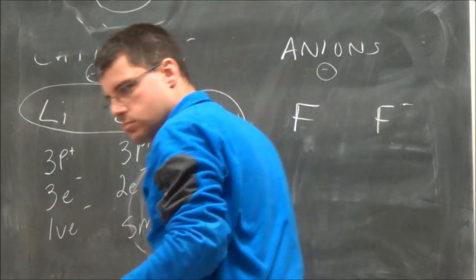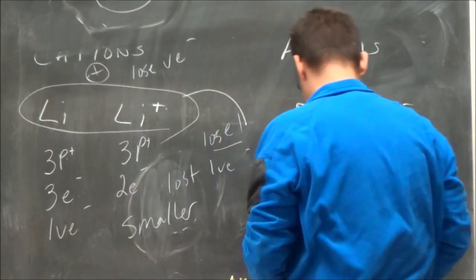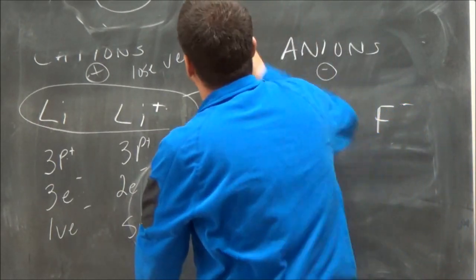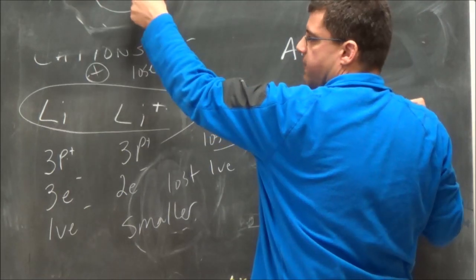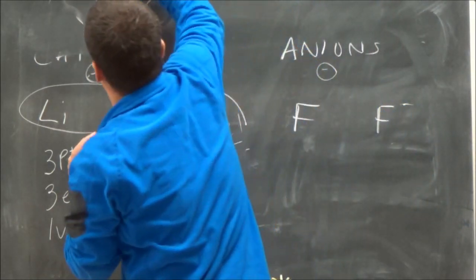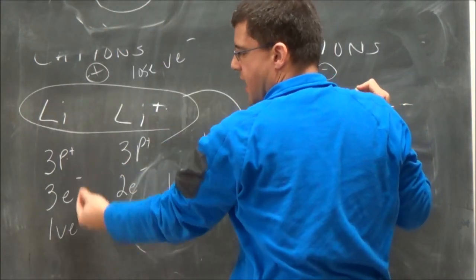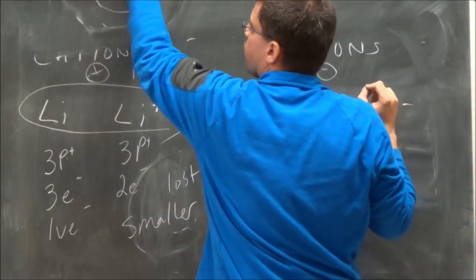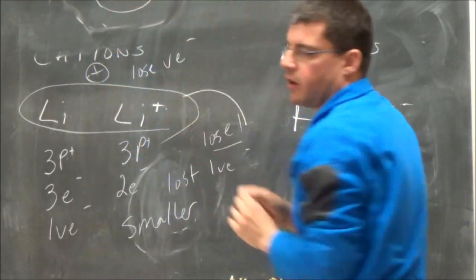It went from here out to now here. Here is our new radius. Therefore, the size of the cation is smaller than that of its atom, because we lose valence electrons, we lose that shell. New size compared to old.